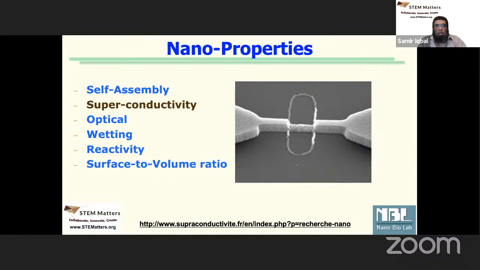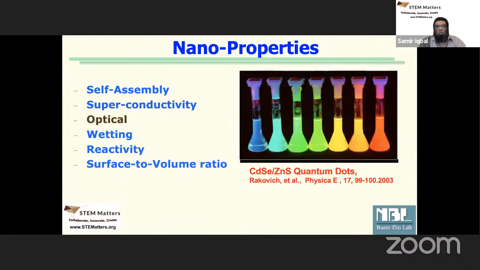All right, optical properties. How do things transmit light, color? We know that every system, especially semiconductor systems, has a band gap. And the band gap results in a very specific wavelength that's emitted.